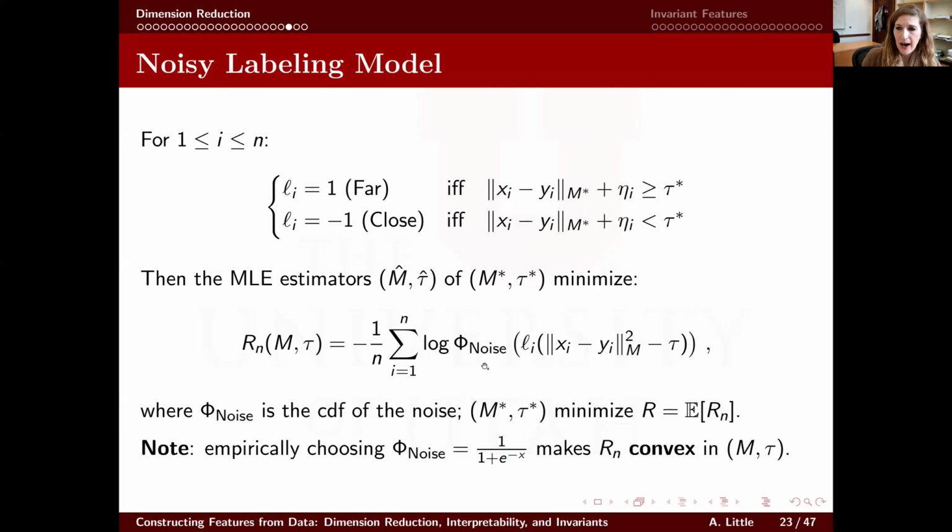However, there's a convenient choice: if you choose this phi noise to be a sigmoid function, then this loss function is convex in the parameters that you want to learn, which is really nice because you can then solve it with a straightforward optimization. And if your noise doesn't really have that distribution, solving this convex optimization problem with the misspecified noise still in practice appears to give you a very good solution to the original problem.